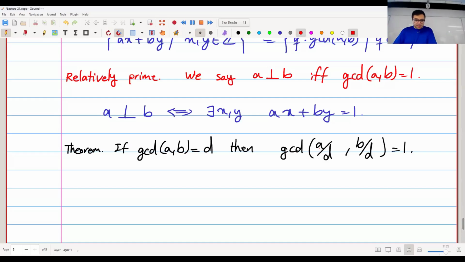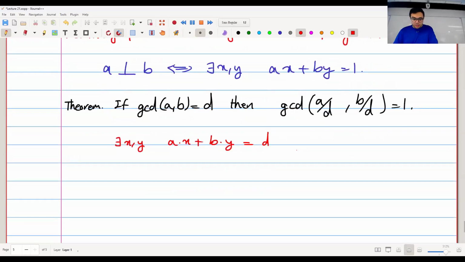I can use division. Just write the definition, right? GCD of A and B is D. So that means that there exist some numbers X and Y such that A times X plus B times Y is D. Okay. So now use the same X and Y, but use them on A over D and B over D. So what is A over D times X plus B over D times Y?